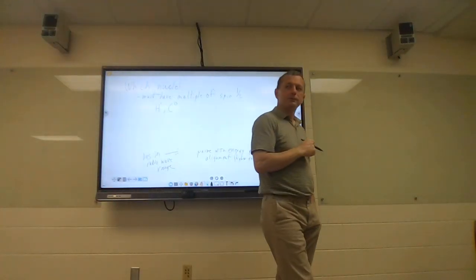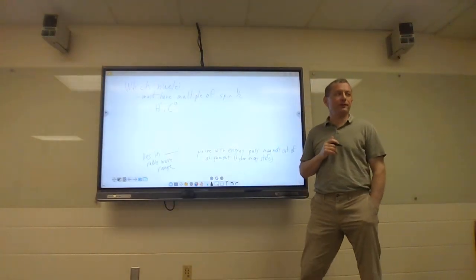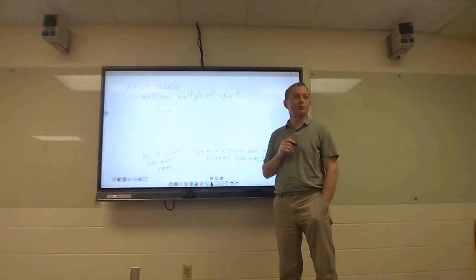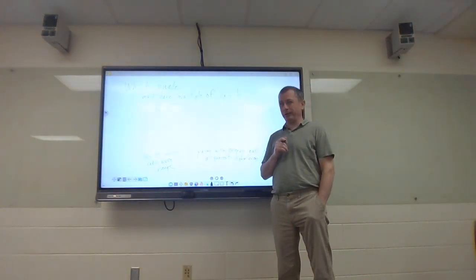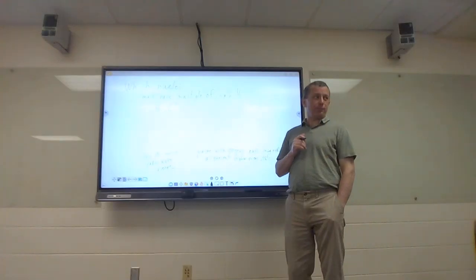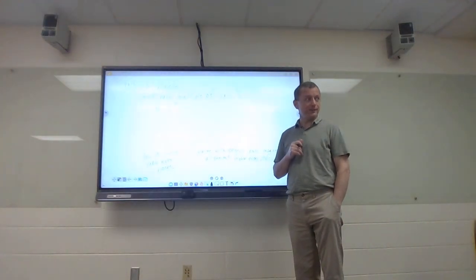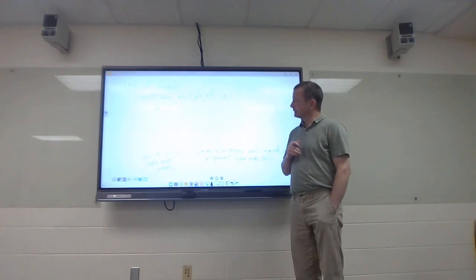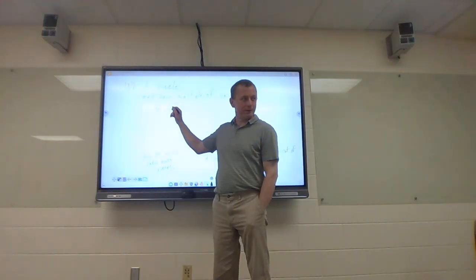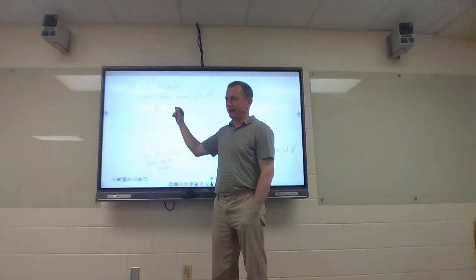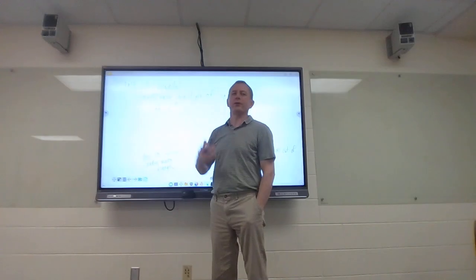Carbon-13. What's the most abundant isotope of carbon? Carbon-12, about 99.5% naturally. So when I take an NMR and look at carbon, I am trying to look at roughly 0.5% of all the carbon that's in there.